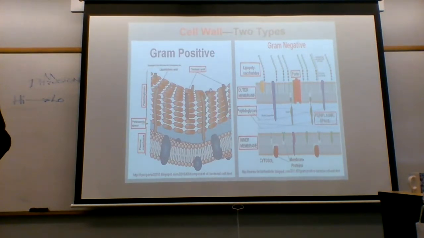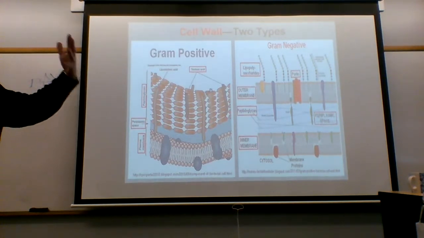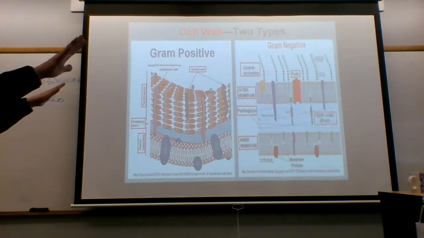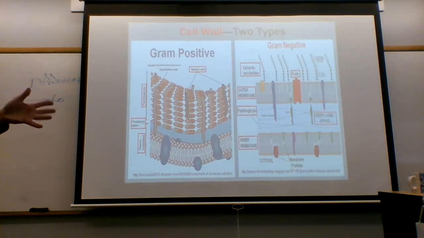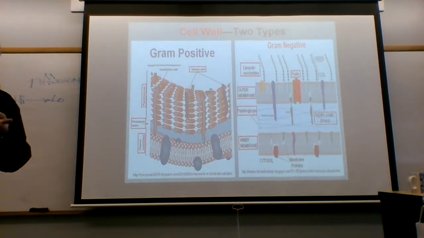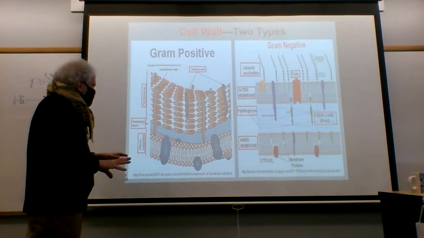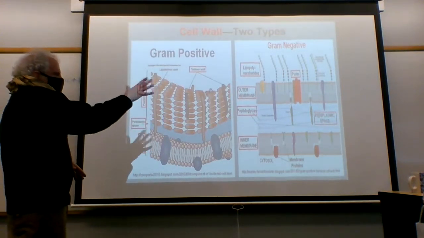It excludes a dye, and if it's not present in a gram negative, it actually allows the dye to come in. So we've got these two broad classes of bacteria that we can categorize right off the bat. Are you gram positive or gram negative? And they both have cell walls, but they're a little bit different in the way it's organized.